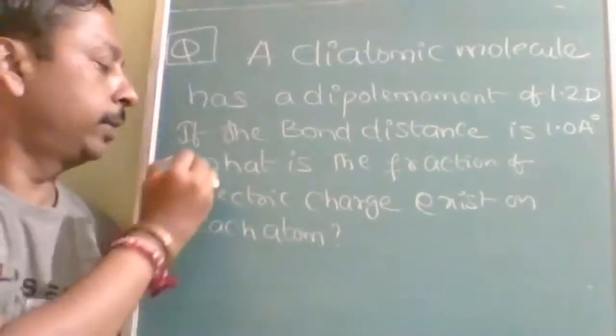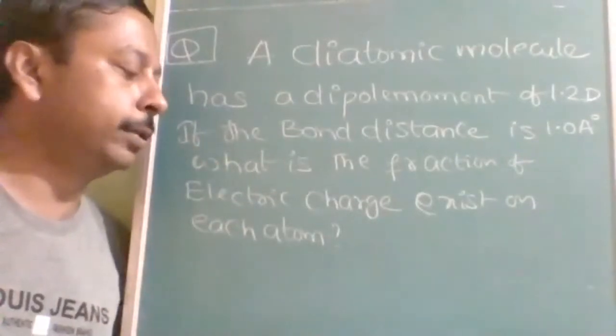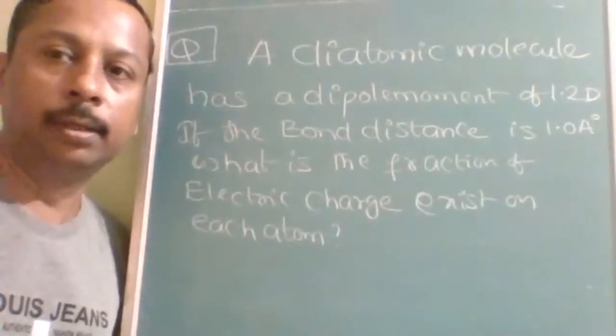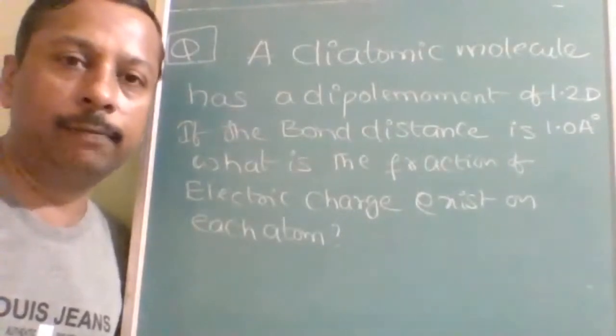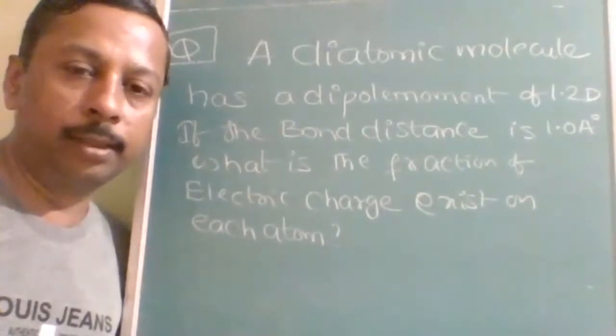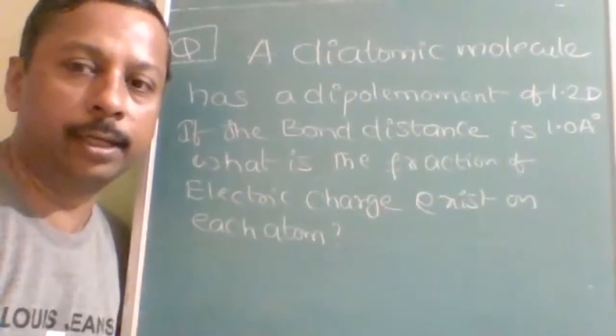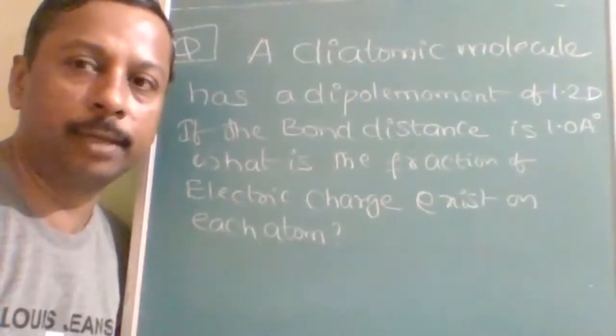What is the fraction of electric charge that exists on each atom? The formula and procedure have already been explained to you. Only thing you have to do is solve it, and cross check with my explanation.